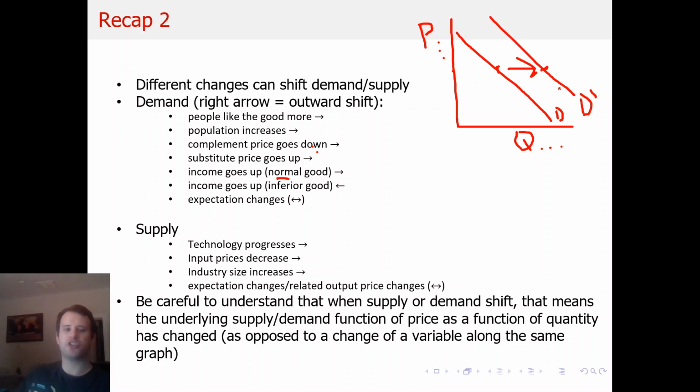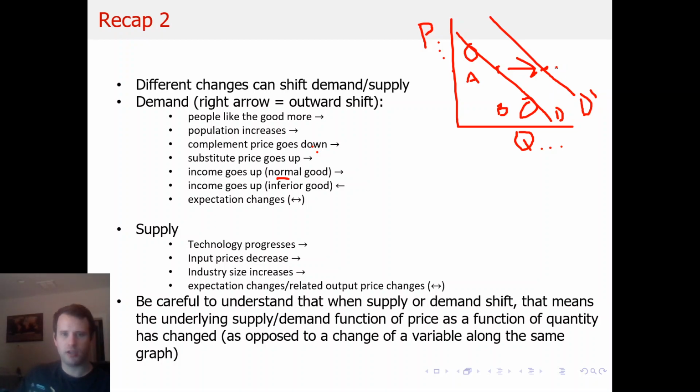And I contrast this, and I can't contrast it enough, with a shift along the same curve. If you're going from point A to point B, prices changed, which led to a change in quantity demanded.